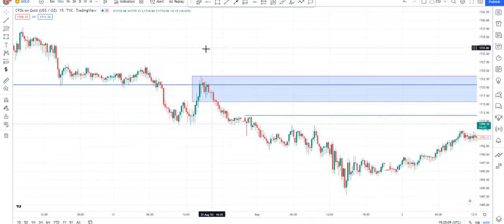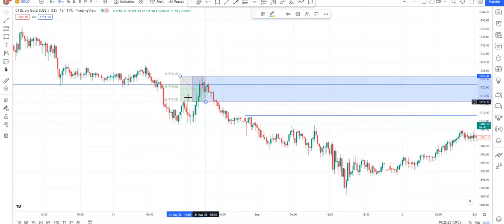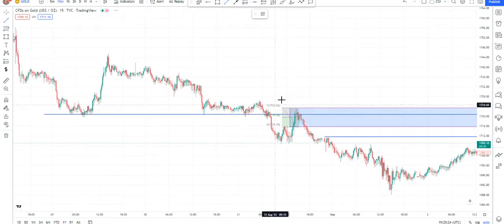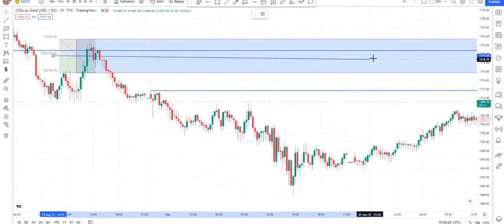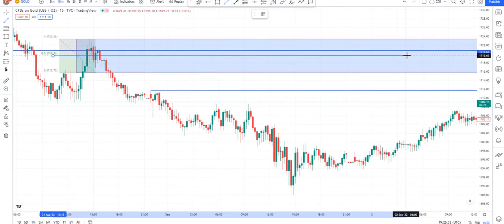But what I can do is use a Fibonacci tool and try and find the mean threshold. Okay. So this is it. I'll draw the price forward like this. Okay.